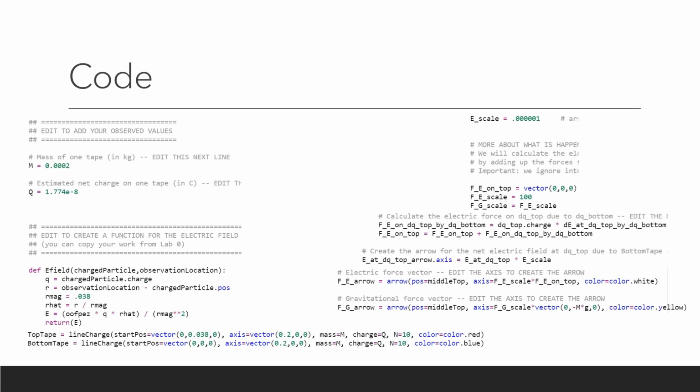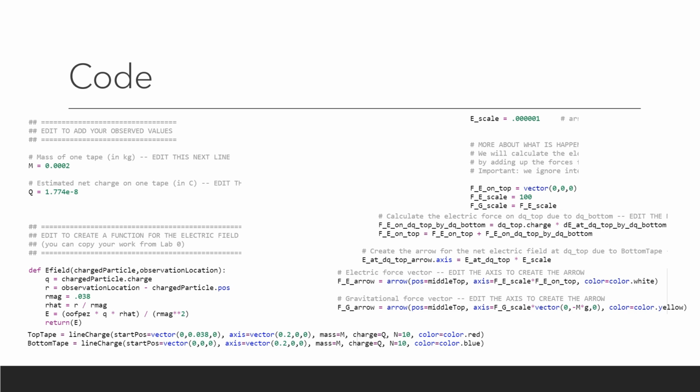So then for the code, here are all the things that I changed from the starter code. So we have the inserted mass and charge of the tape, then the electric field equation here, which is just a direct version of the previously mentioned physics principle equation.